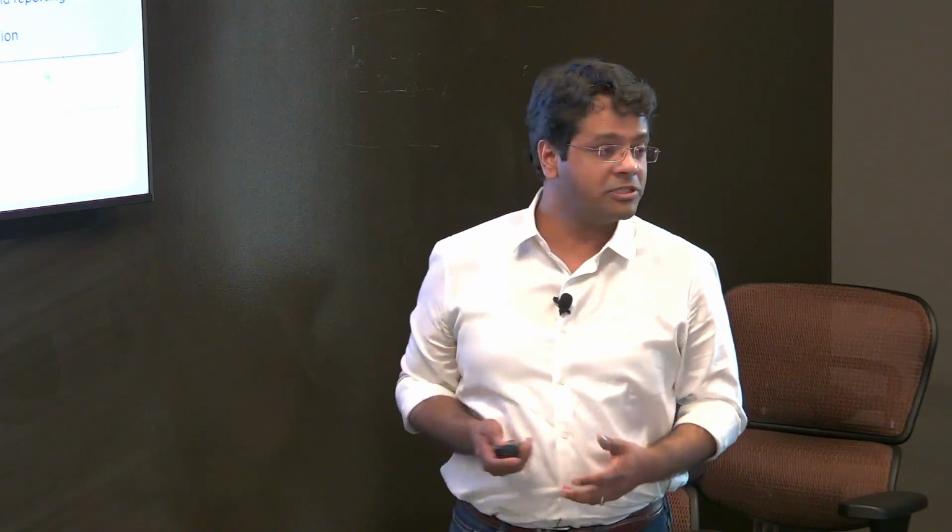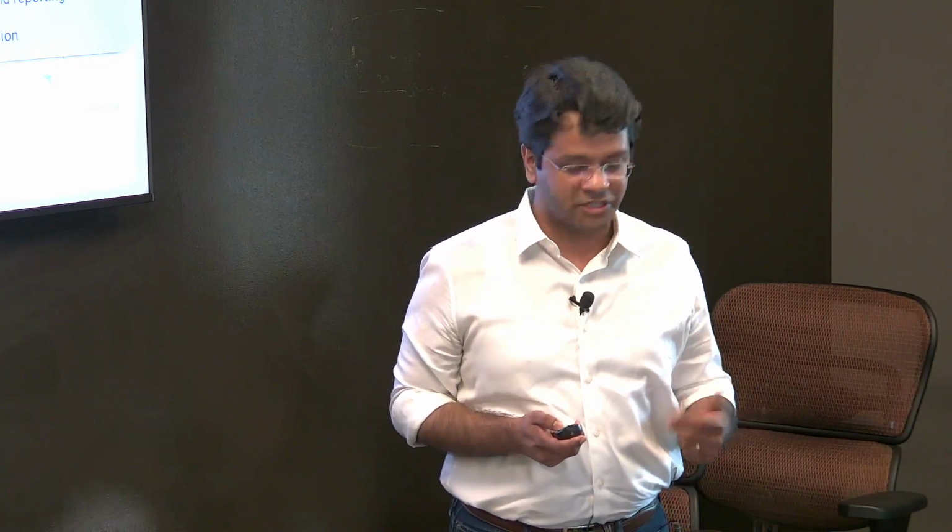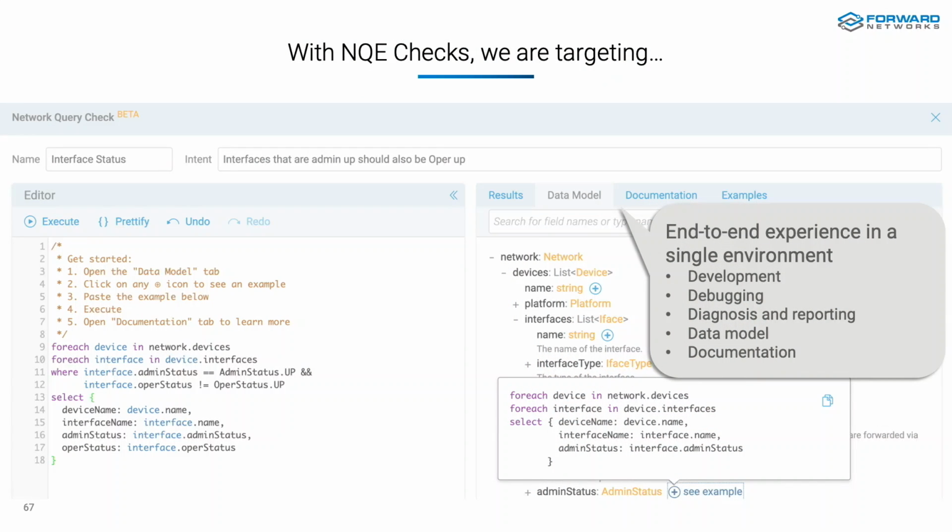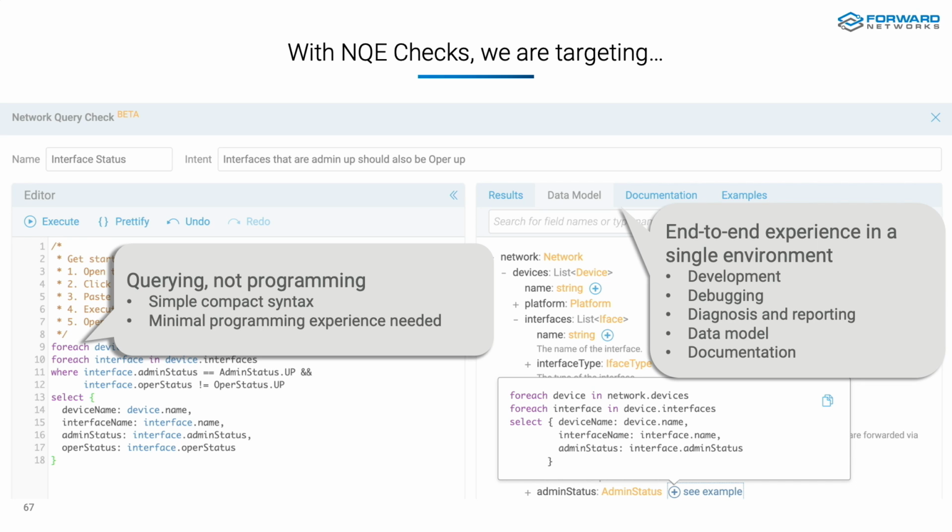Gotcha. Okay, so wrap this up really quickly. This is a new feature that we're launching today with NQE checks. What we've tried to accomplish is an end-to-end experience in a single environment. This is what our users asked for. From development to debugging to diagnosis and reporting to data model exploration to documentation, everything in one place. Number 2, we're querying, not programming.